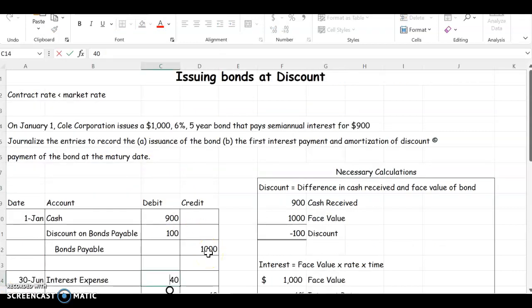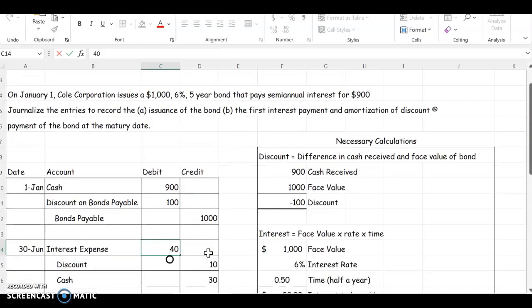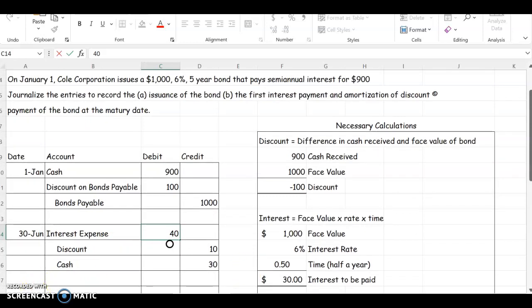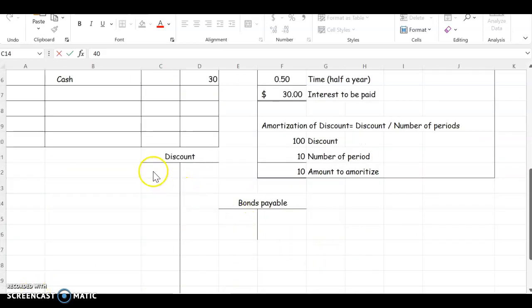Okay, the last part of this asks us to retire this bond at the end of its life. When we issued the bond, we recorded a debit balance discount and a credit balance bonds payable. So this is at the issuance. Right when we issue it, we have the $1,000 credit, the $100 debit, so the carrying value of this bond is $900.